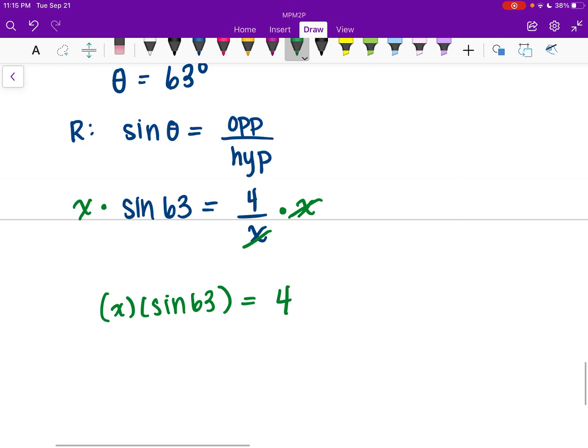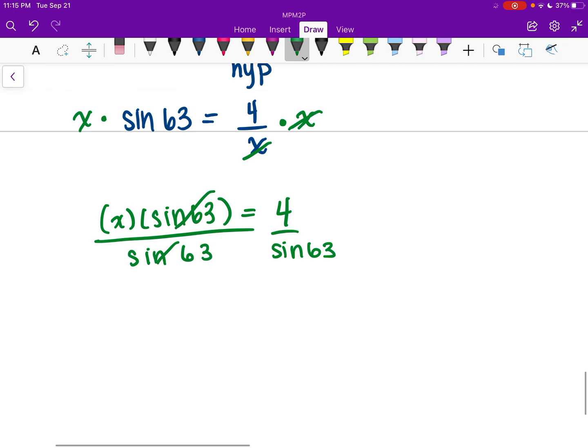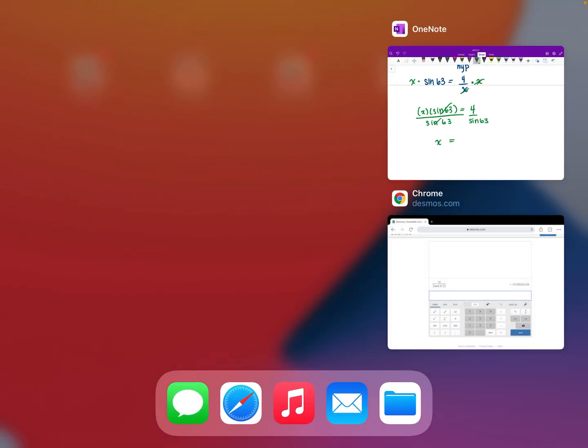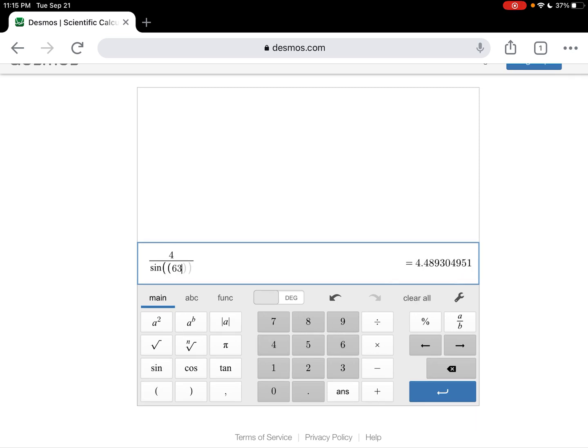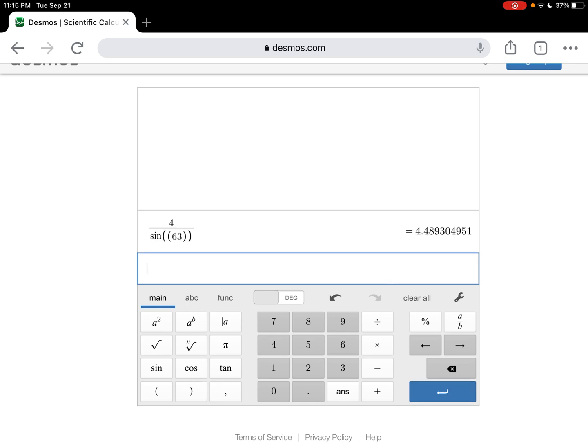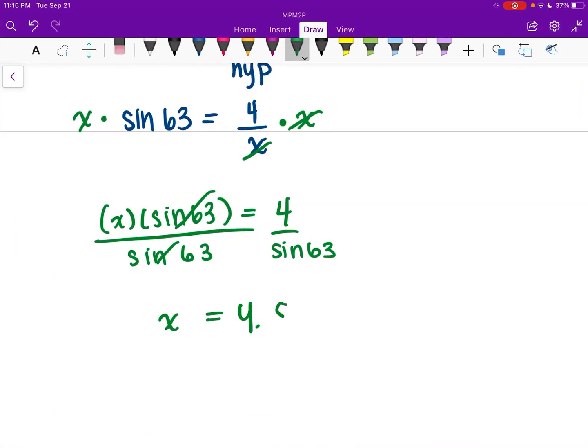I want to get rid of the sine 63 so I can get the x by itself. So this will cancel out, so I'm left with x equals 4 divided by sine 63, so let's go do that. And that's 4.48. So we can say it's about 4.5.